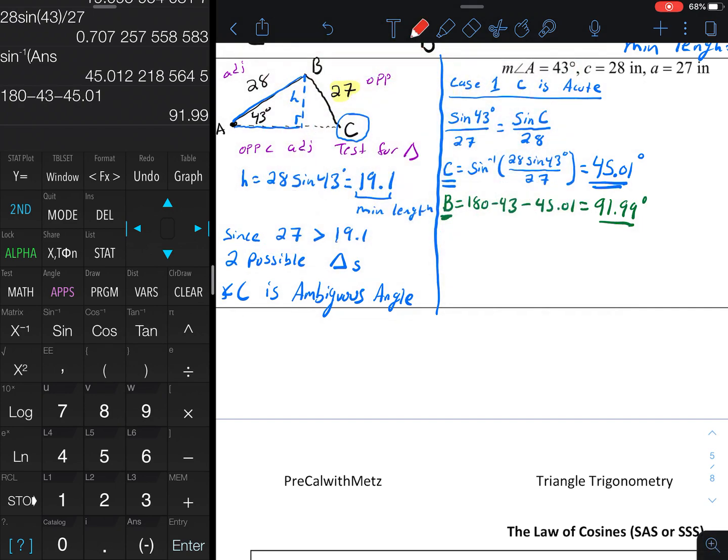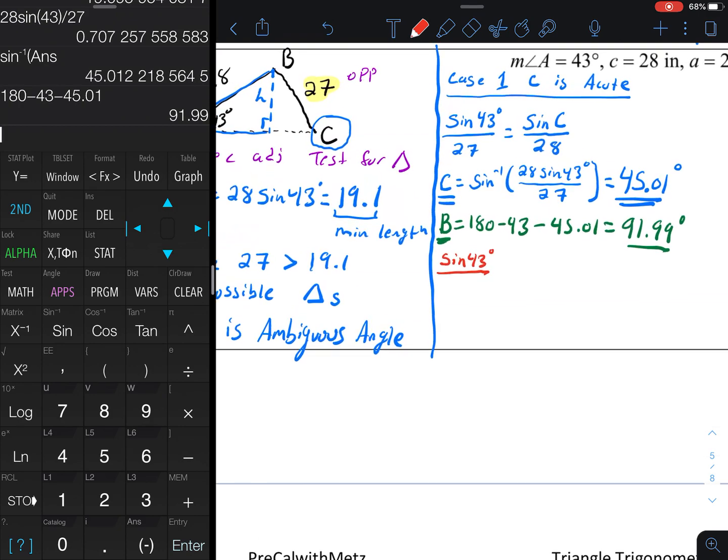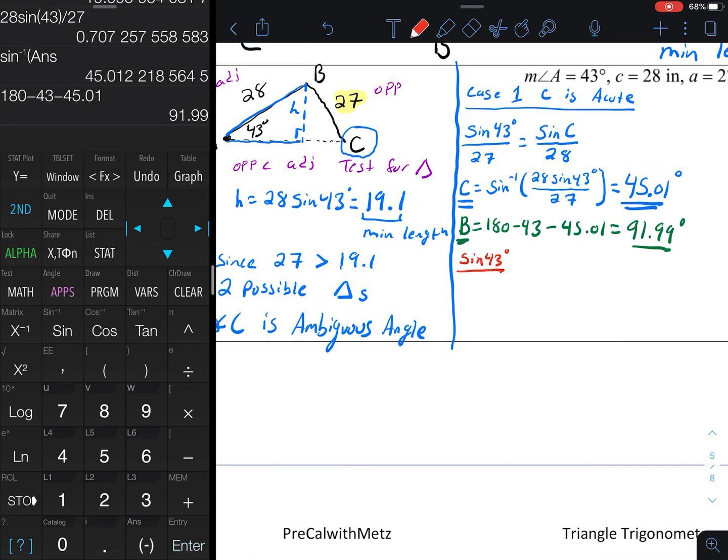Last thing left is to find side B. So I'd go back to law of sines: sine of 43 divided by 27 equals sine of 91.99 divided by side B, which we don't know. I'd cross multiply and divide, and I'm just going to write out what it would be.